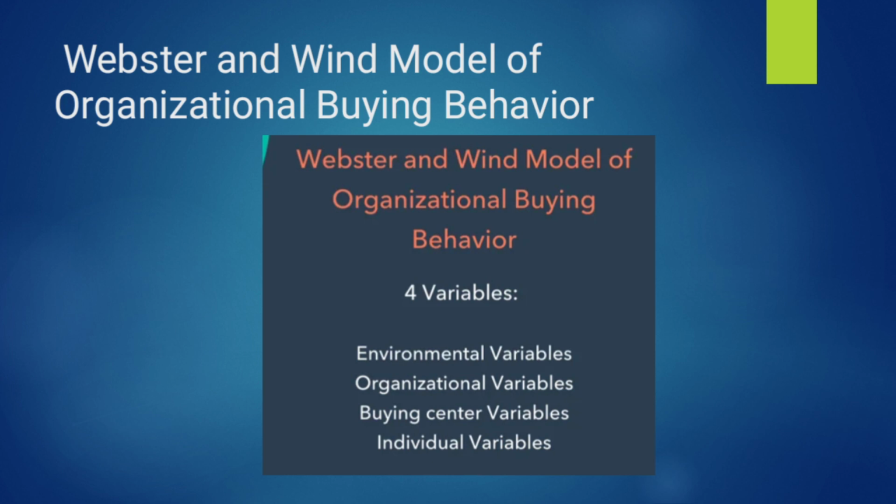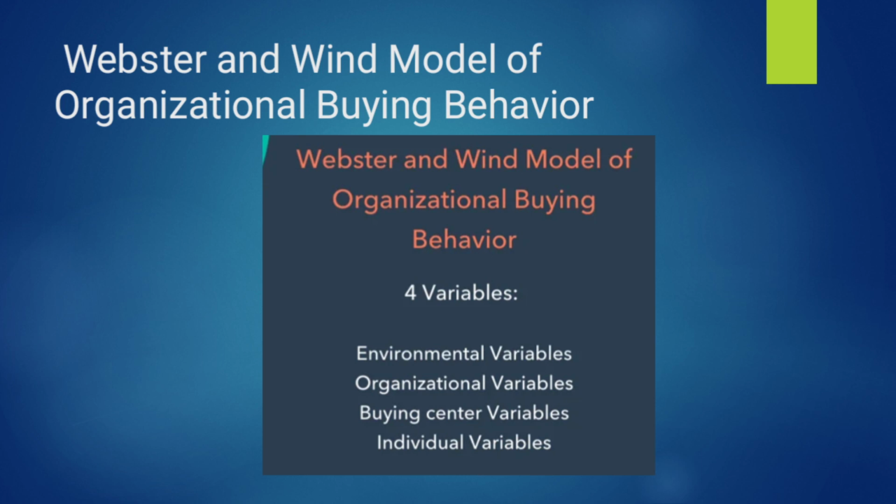Then the Webster and Wind model of organizational buying behavior. These are 4 variables: environmental variables, organizational variables, buying center variables, and individual variables. Environmental variables are external factors that could sway a purchase decision, and organizational variables are internal factors, such as the organization's goals and evaluation criteria.